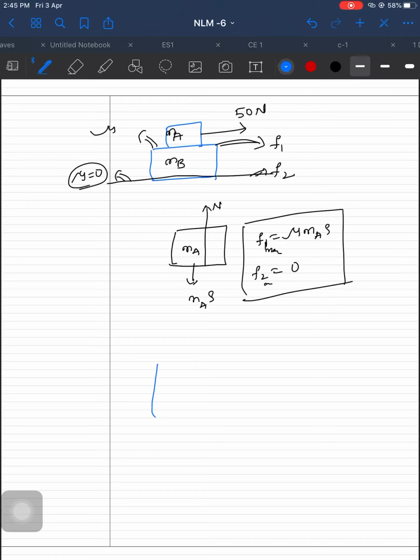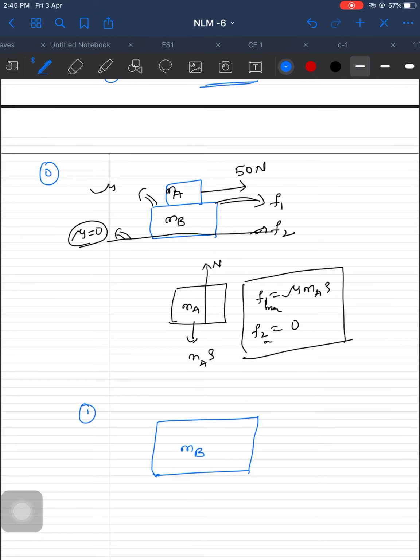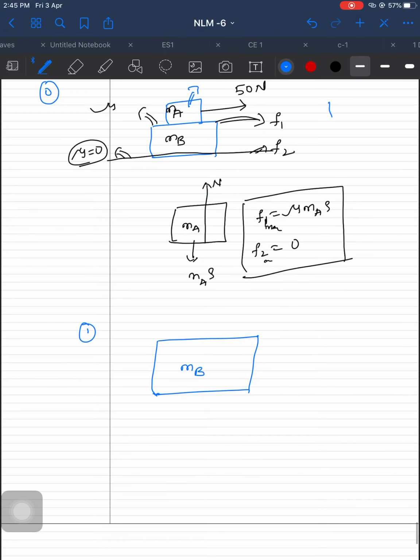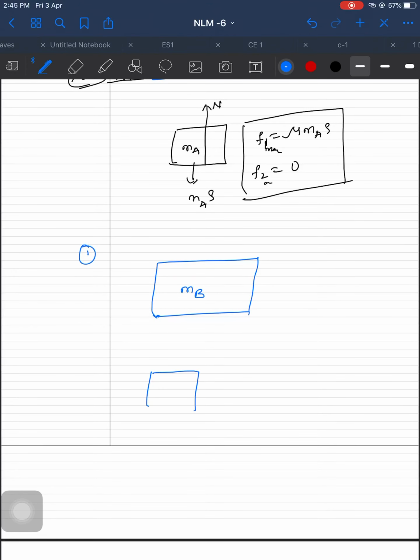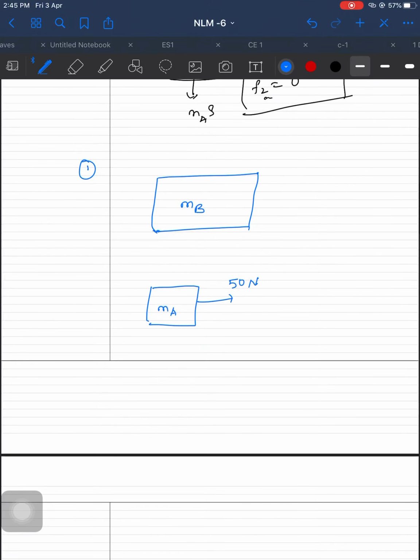What is the first step? Determine the maximum acceleration of the block on which force is not applied. This is block MB, the force is not applied on it. How to get the maximum acceleration of this block? How much friction acts on the body? See, MA tries to go forward. If I draw the free body diagram of MA, this is 50 Newton.